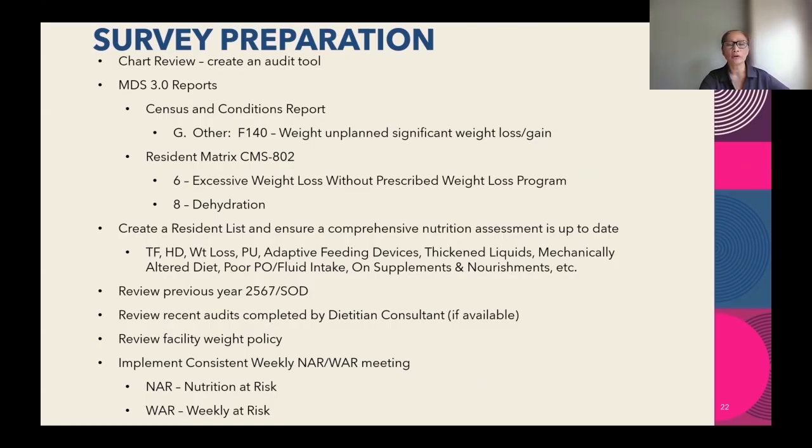I would also encourage the team to review the previous year's 2567 or SOD, Statement of Deficiency Report. Review any recent audits completed by a dietitian consultant if you have one. Review the facility weight policy, and then implement a consistent weekly NAR or WAR meeting. So nutrition at risk or weekly at risk meeting.